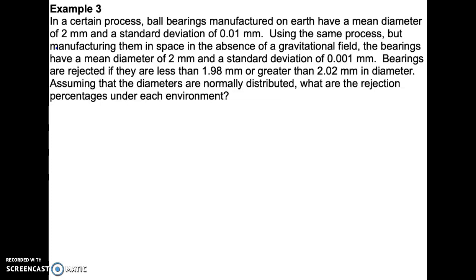Bearings are rejected if they are less than 1.98 millimeters or greater than 2.02 millimeters in diameter. Assuming the diameters are normally distributed, what are the rejection percentages under each environment? So I want you guys to pause the video and give this question a try, and then when you replay it, I'm going to pull up the answer.